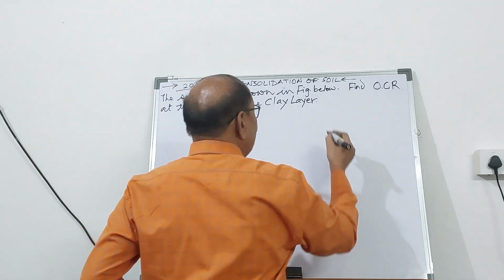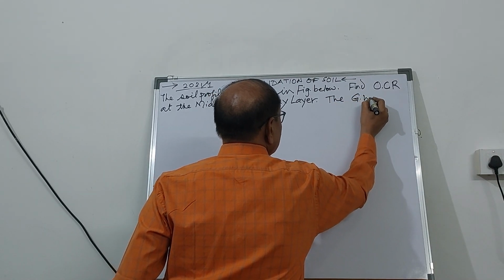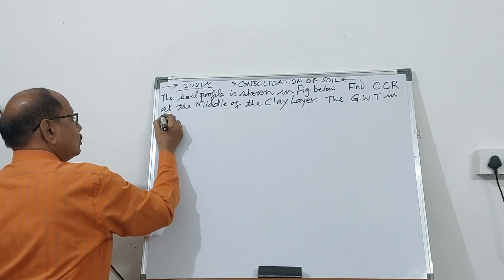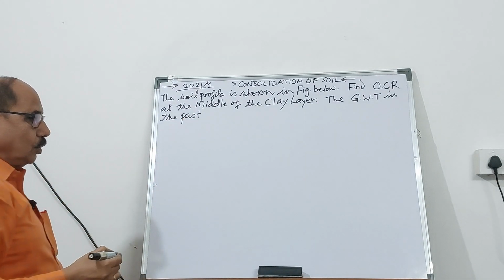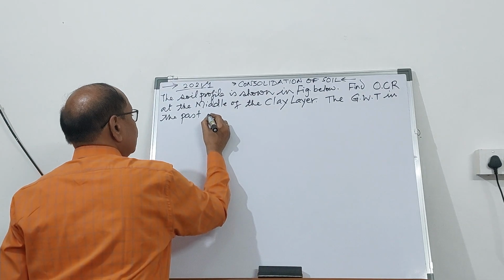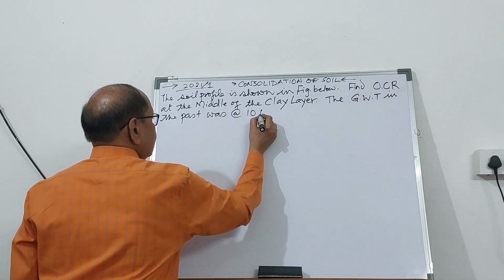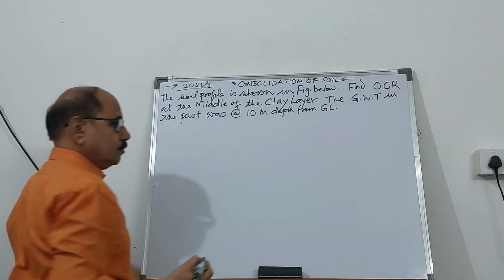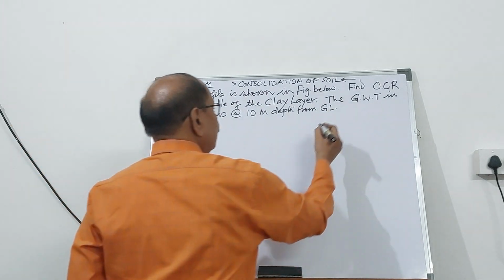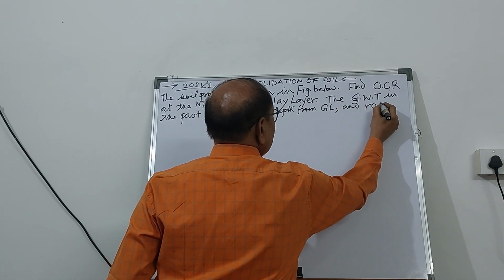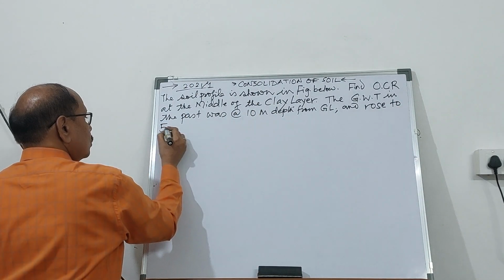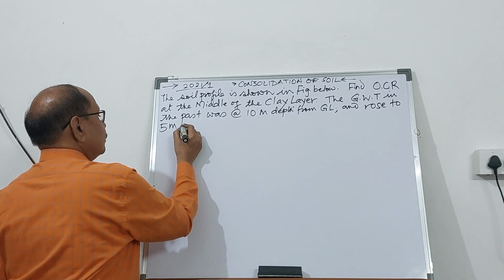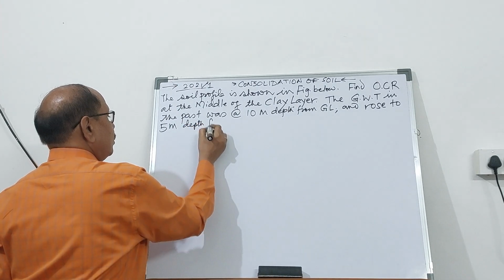The groundwater table in the past was at 10-meter depth from ground surface or ground level, and rose to 5 meter depth from GL.